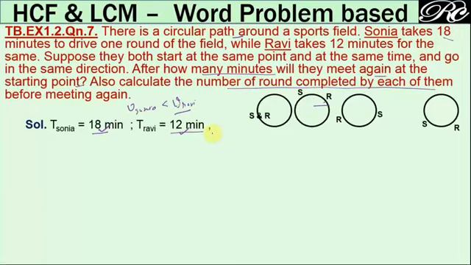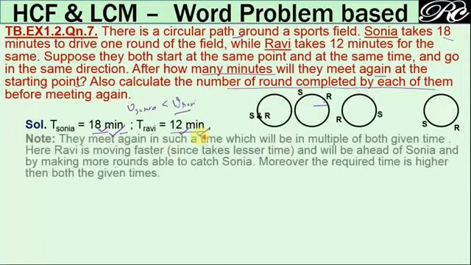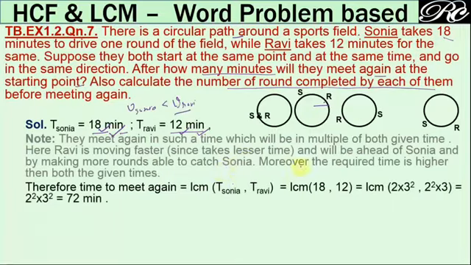Therefore, the required time will be that time which is a multiple of the time taken by Sonia as well as the time taken by Ravi. Therefore, the required time to meet again will be the LCM of the time of Sonia and the time of Ravi.